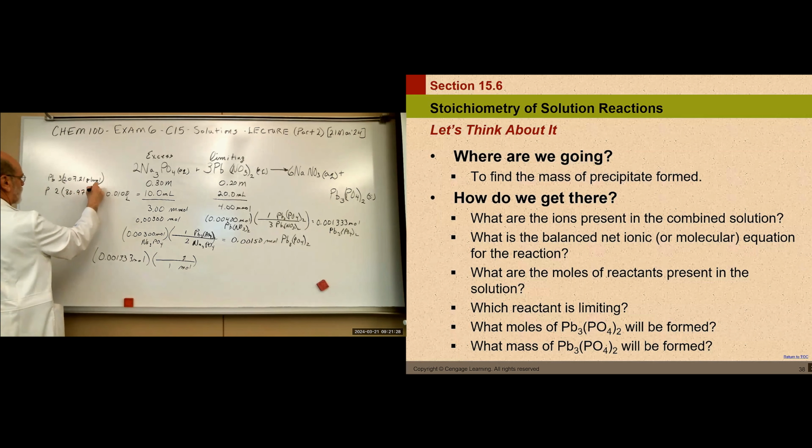Same reaction, different question. What is the concentration of nitrate ions that are in solution when the reaction is complete? All right. You start off with this much nitrate. We can calculate the amount of nitrate in solution. Is there any left in solution when we get finished with the reaction?